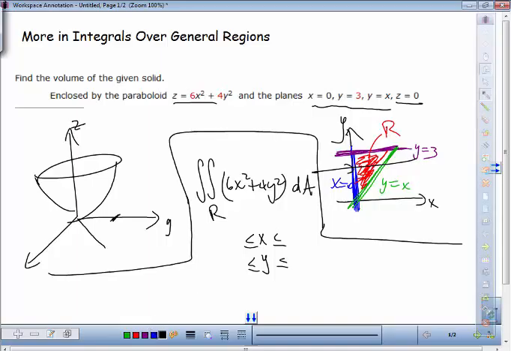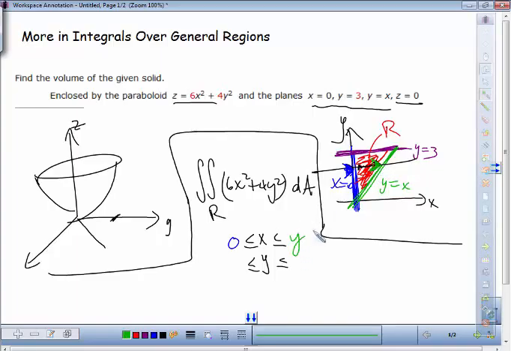Okay, so we go into this region when x equals 0. And then we're going to be in the region until we get out. We're going to get out when x equals y.